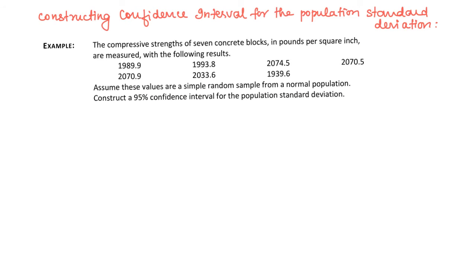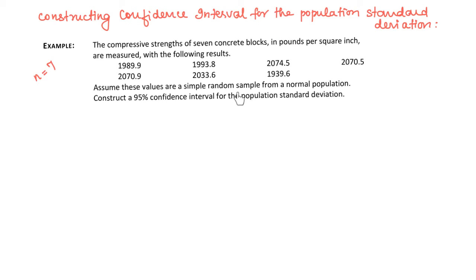This is an example of constructing confidence interval for the population standard deviation. The compressive strength of 7 concrete blocks are given. So n equal 7. And it is measured in pounds per square inch.